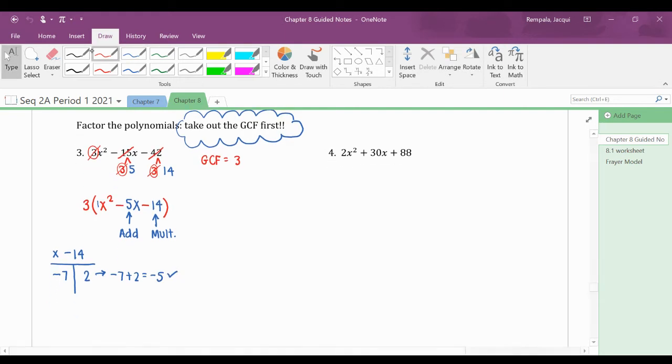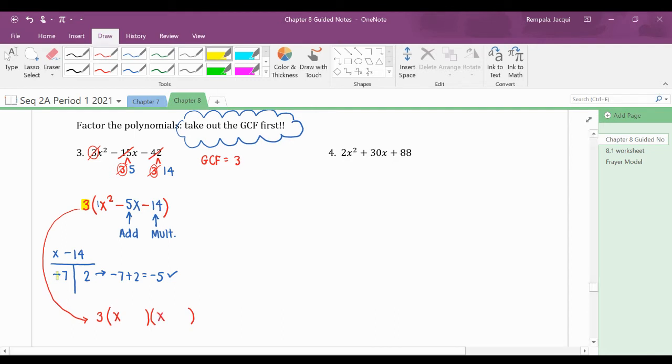So then here's how I'm going to fill out my final answer. That original GCF of 3 needs to stay a part of my final answer. It gets brought down. Then in parentheses, I am going to go back to what we did as far as that table is concerned. Because the number inside the parentheses starts off as a 1x squared, I get to just make these 1x's to begin my parentheses.